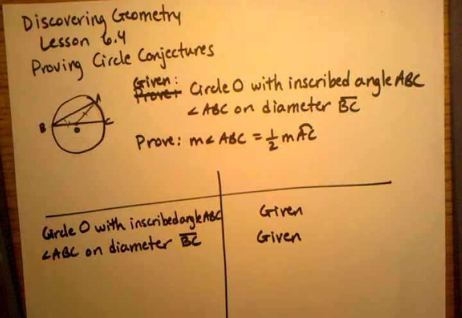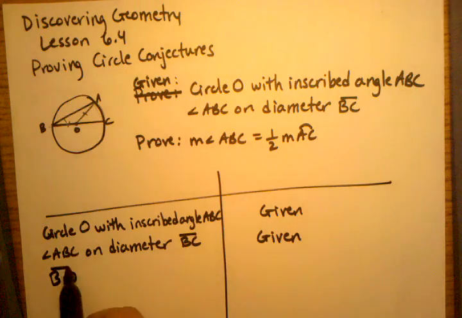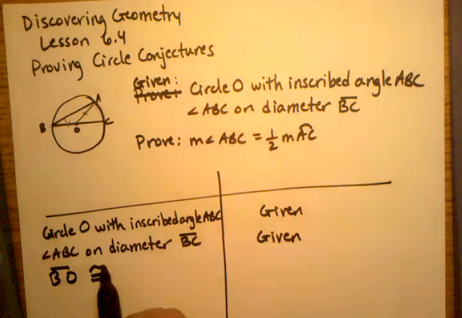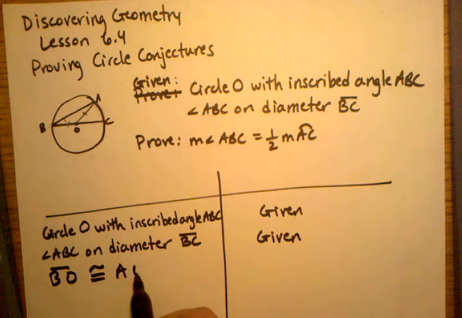I'm going to go ahead and write down something I've just discovered: if I develop a triangle ABO, I know BO, that line segment, is going to be congruent to AO.